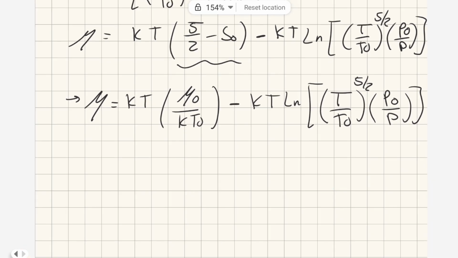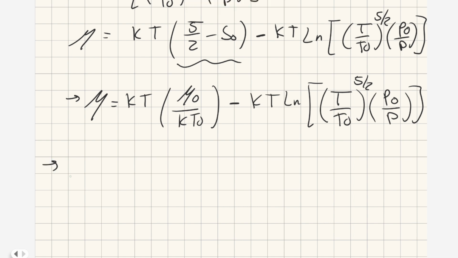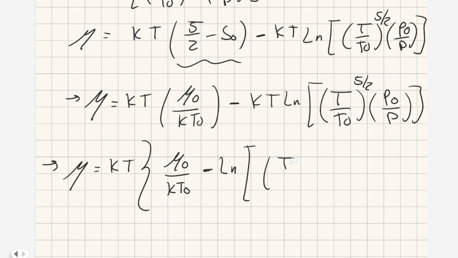Just to express it in a more elegant way, μ is equal to kT times [μ0/(kT0) minus the natural log of (T/T0)^(5/2) times P0/P], like this.